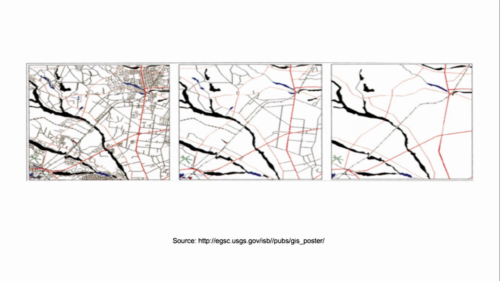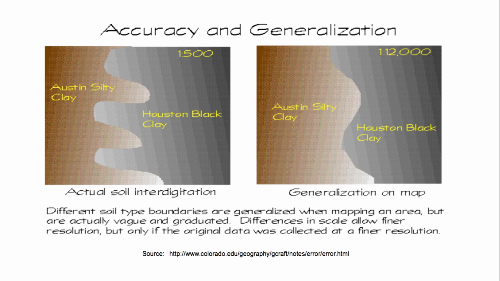In one step the generalization was done and a lot of things were removed, then further smoothing was done, and a very simple map has come. Because if I am going to print this map on very small paper, then I do not need so many details, and if I have so many details, the appearance of the map will also not be very nice. So data generalization is very much required.